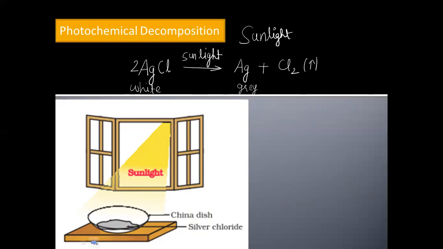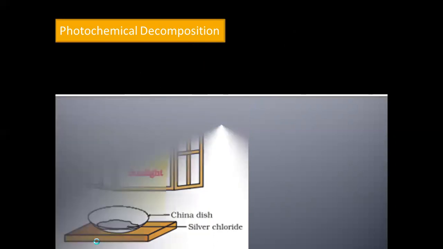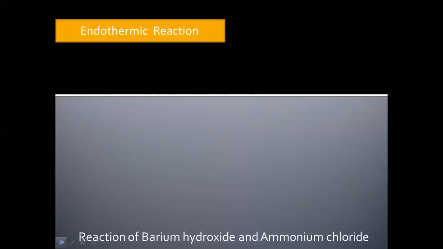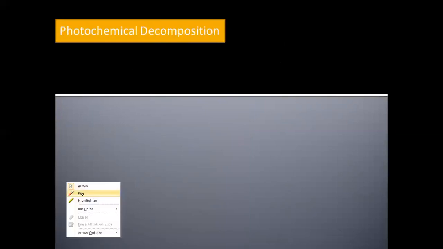Now, is there any other example of such reaction? Example is the similar one. Here you can consider the similar reaction of decomposition of AgBr. This is also decomposing to give you silver and bromine. What is the physical state of bromine? Do you remember?